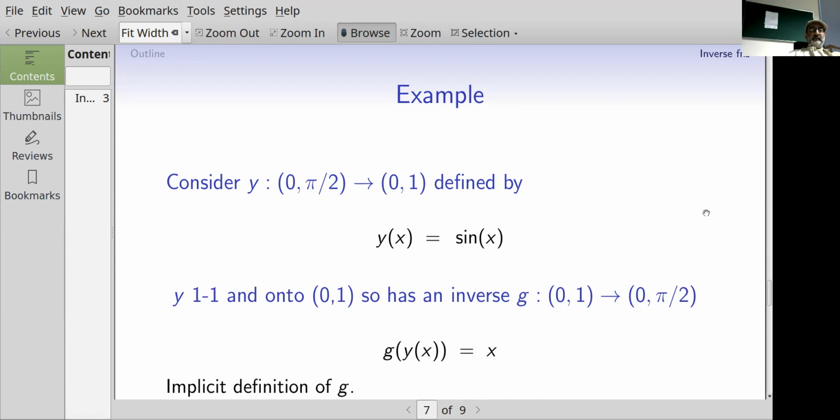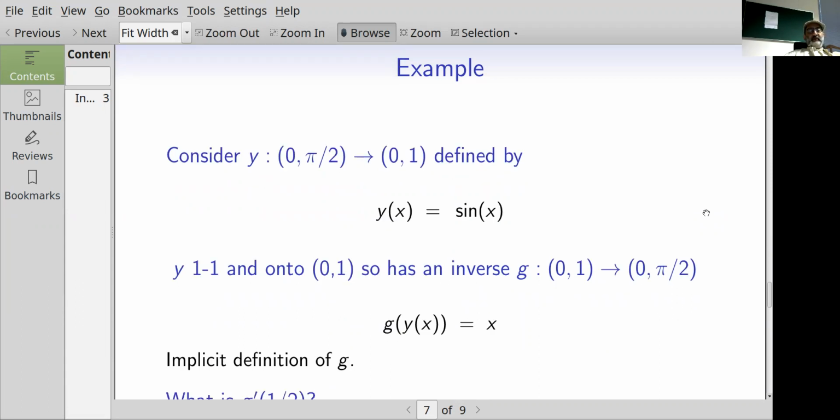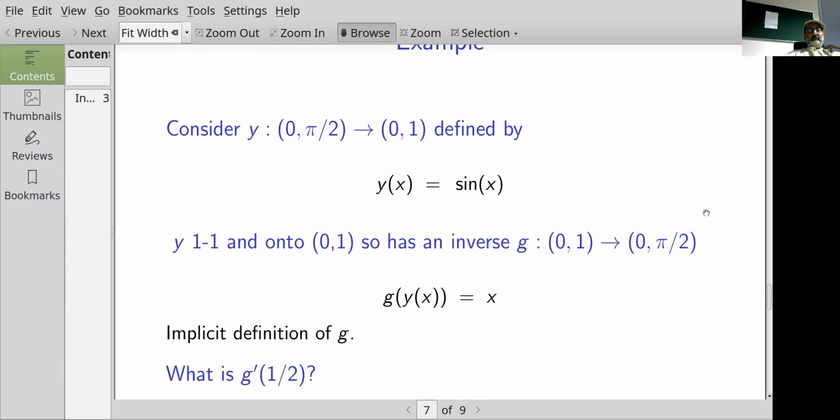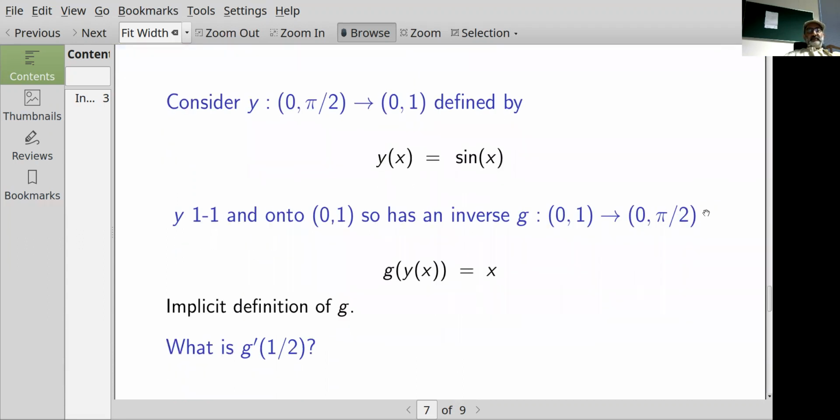Okay, and now take the derivative of g with respect to y and multiply by dy by dx on the left, and on the right hand side differentiation will give you 1. Specifically, I would like to know what the derivative of g is when its input y is equal to 1/2.